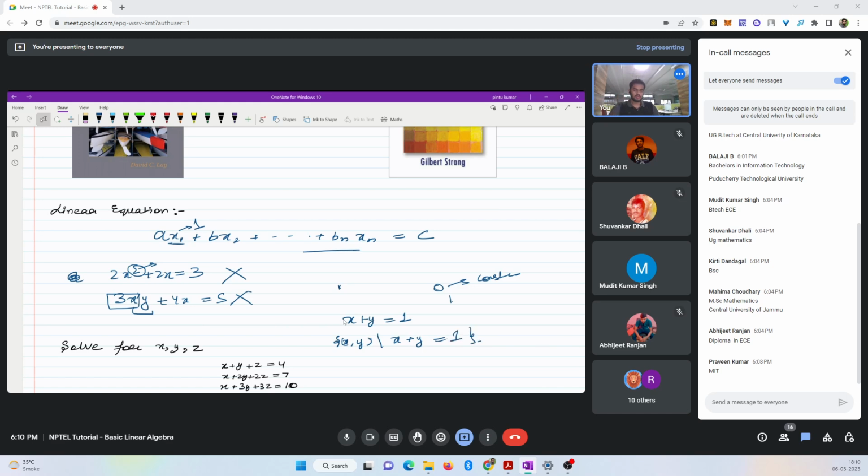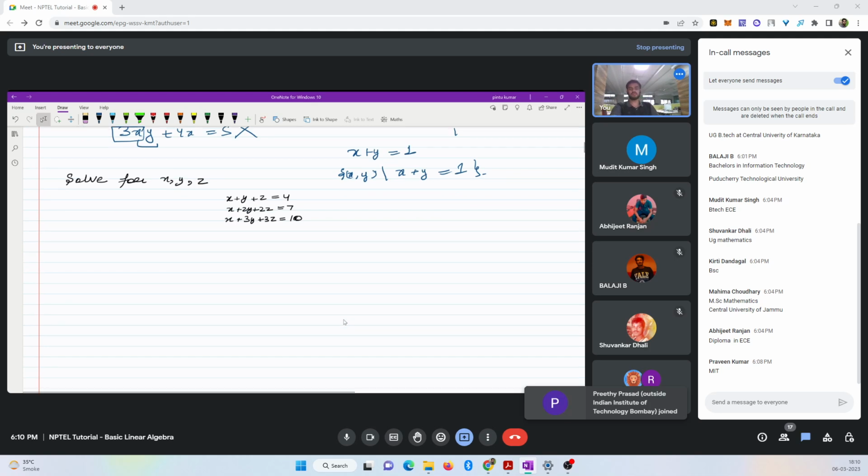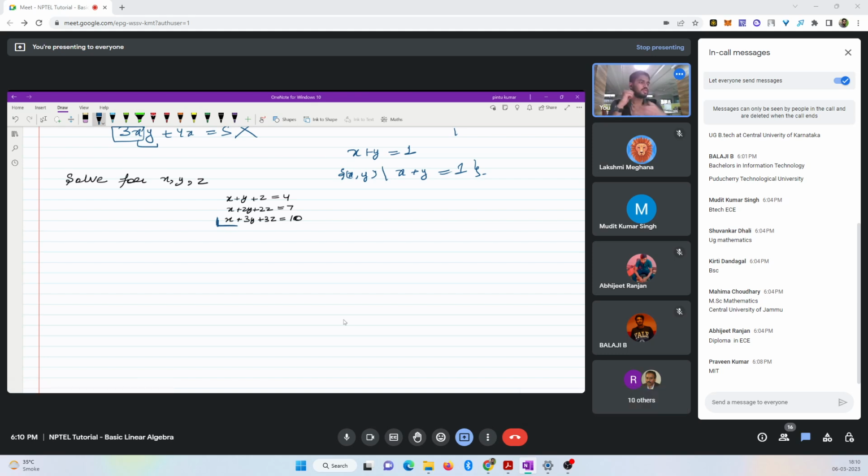As I mentioned, this is not a class but a tutorial session, so I'll just begin with solving a problem. You might have done this in your schooling. Here is a system of linear equations. By system, I mean I have more than one linear equation that I want to be satisfied simultaneously, and I want to find the possible set of solutions x, y, z.